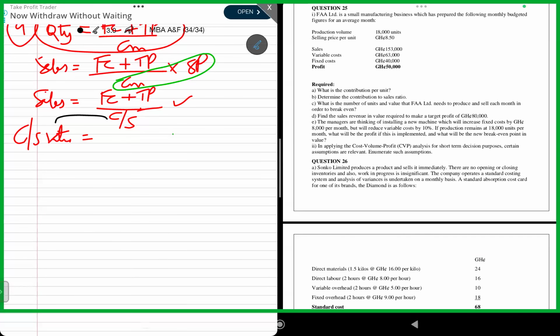I'm solving for this. So the contribution margin over the selling price, or you can even use the sales. So what is the contribution margin? It was 5 cedis per unit, and the selling price is also 8.5 per unit.